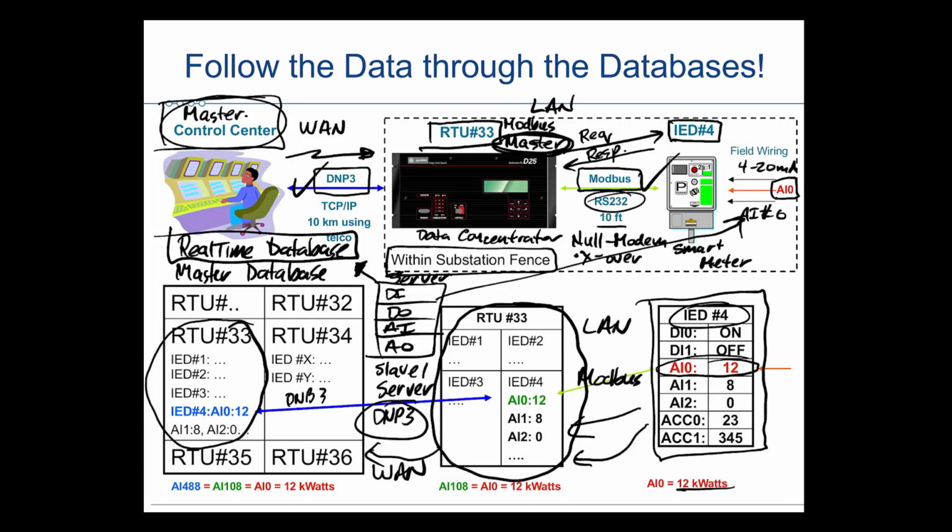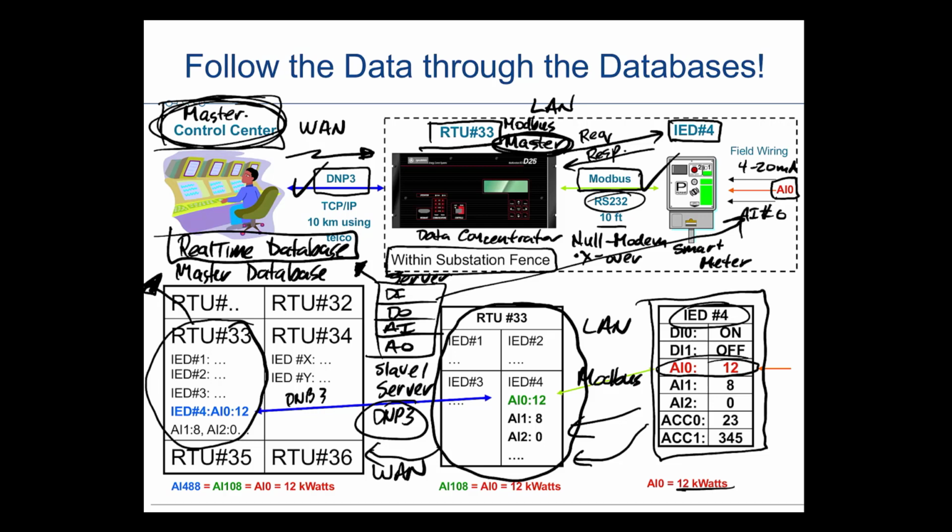But realize that when the SCADA master at the control center comes around to polling RTU33 again, the data that was real-time now becomes what's called historical data, and that data is just put over or ported over to the historical database now, so that you can look back in time to see what previous real-time values were.